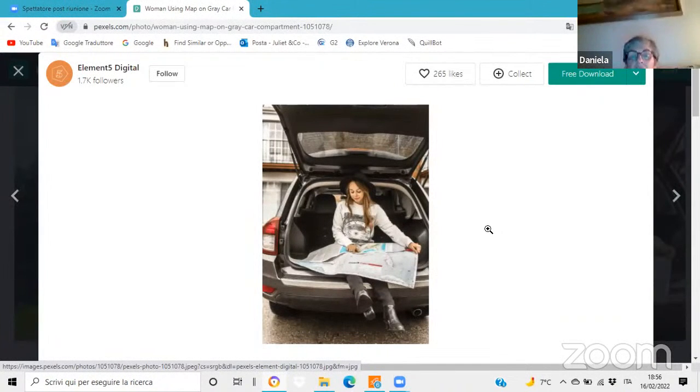This young girl is watching the map because I think she's looking for some place, and maybe she seems to me that she is looking for a house to meet family or friends, or a museum, or to visit a city, because she is inside the car.